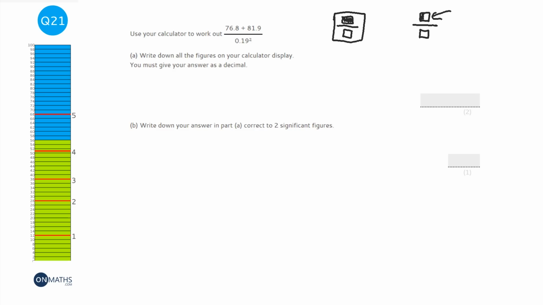Okay, so we want to fill in this top box first, since it's already flashing. So 76.8 plus 81.9. Okay, and to shift downwards on the Casio calculators, there's a cursor stick, a direction button. It's the big blue button beneath the screen on most of the calculators, and you just push down to go to the denominator of the fraction.